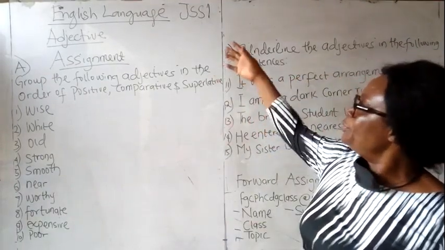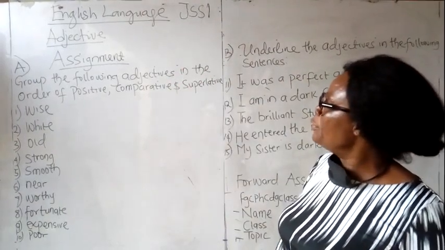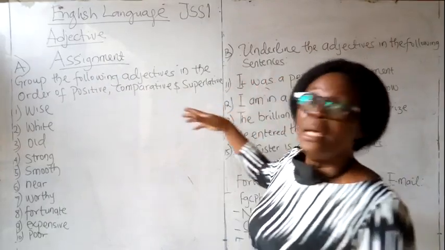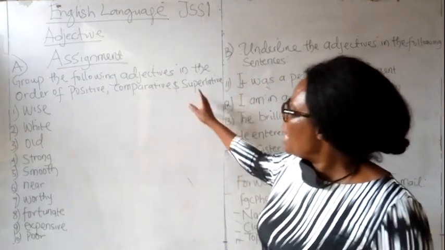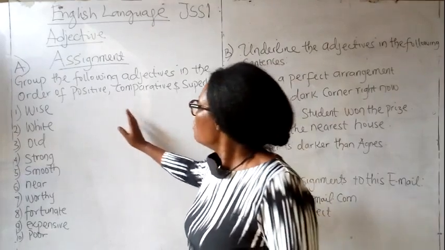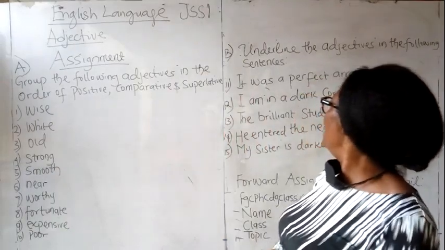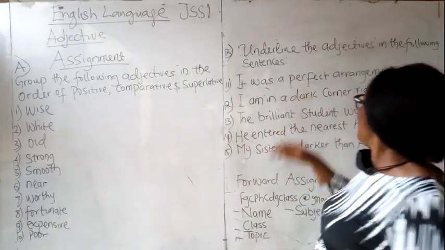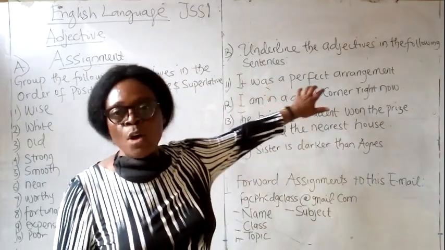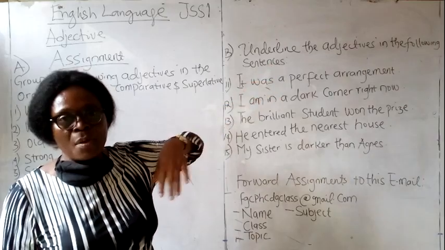Like I told you, I have classwork for you to do for me, and they are in two parts, A and B. In part A, you are going to provide the comparative and the superlative form of the adjectives provided. There are 10 in number, and here I have some sentences. I just want you to underline the adjectives in them.